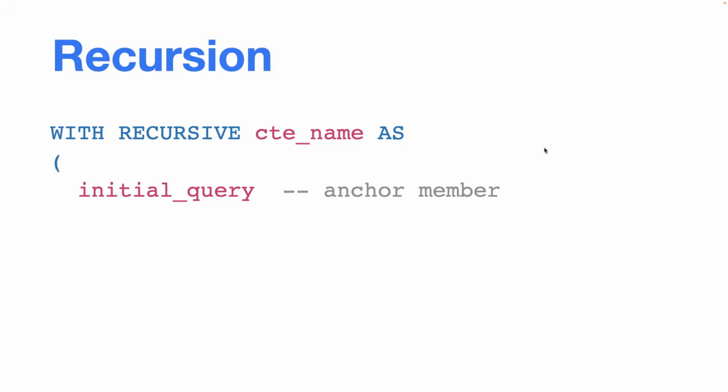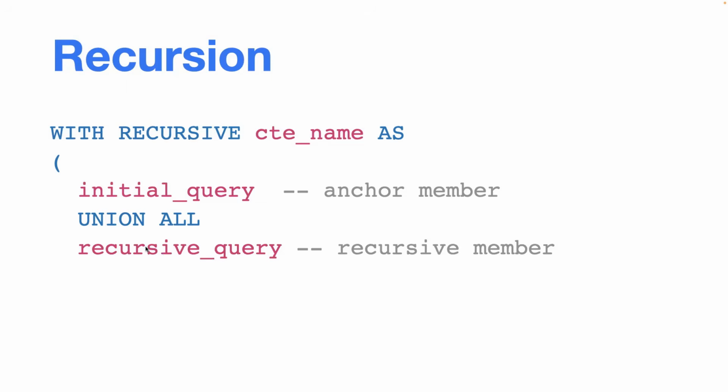And then inside brackets, first you write the initial query, the query which is used to retrieve the first value or the first row of data. And then you say union all. So this is the union statement which basically takes the results of two queries and combines them, except in this case, because it's inside recursive, it's going to keep running over and over. And what do you union the initial query with? You union the initial query with the recursive query.